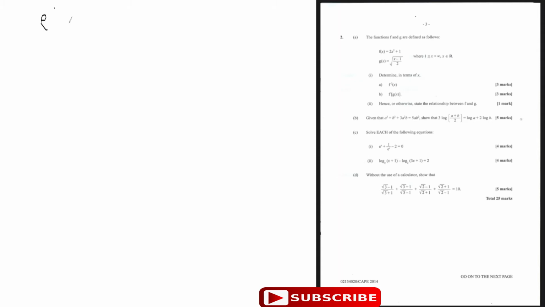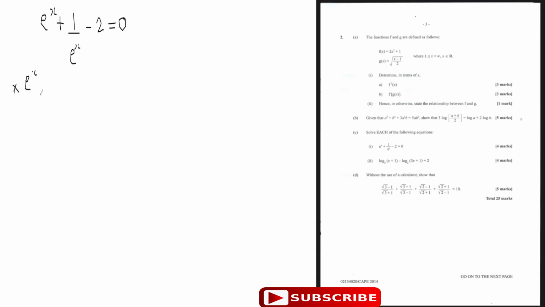You have e to the x plus 1 over e to the x minus 2, and you're solving this equal to 0. Since we're solving this equation equal to 0, we can multiply through by e to the x.